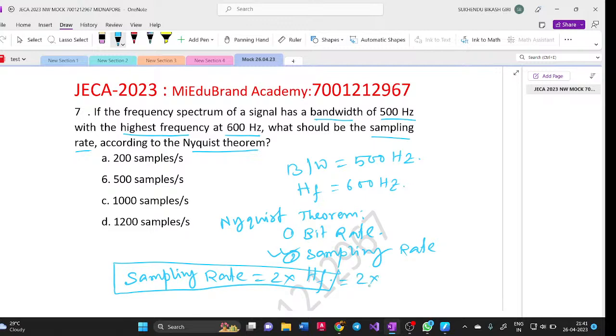So 2 into what is the highest frequency? 600 Hz. Just multiply it and our answer is 1200 Hz. So the right option is D.